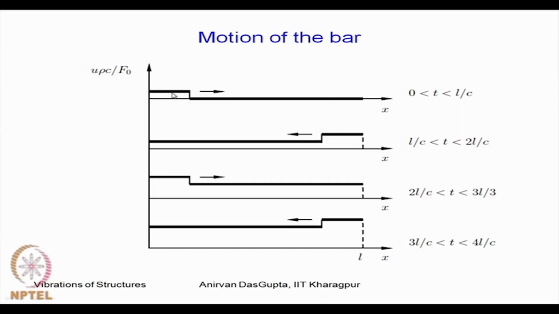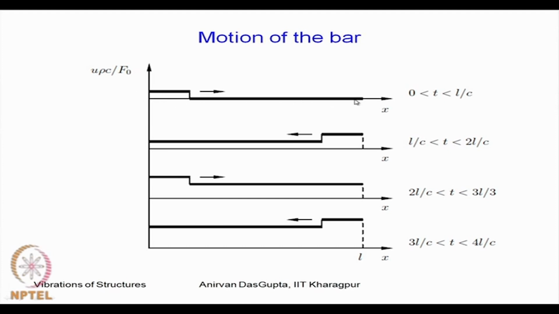So, this is the actual displacement of the bar, it is shown in the transverse direction, and this front propagates at a speed c as we have seen. Now, this portion of the bar yet does not know that there is an impulse given to the left end of the bar.